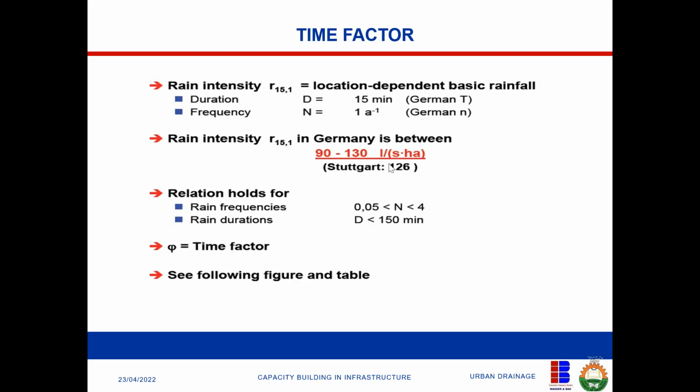So he gave us the one for Stuttgart as 126. Okay, but this is the range. Remember, it is only applicable if the duration of the rain is less than 150 minutes, and the frequency is between 4 and 0.05.